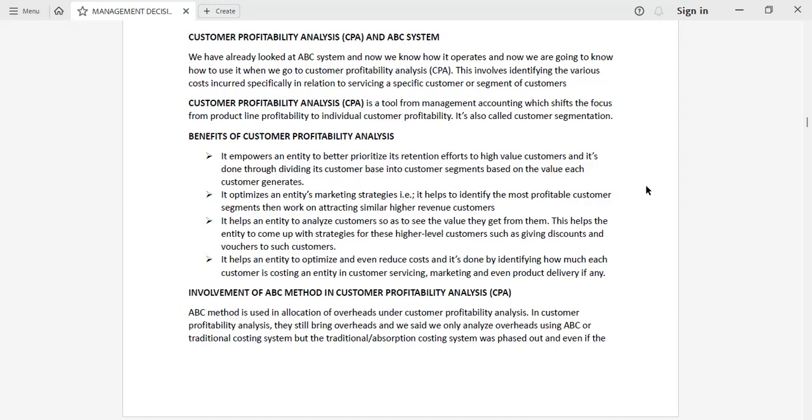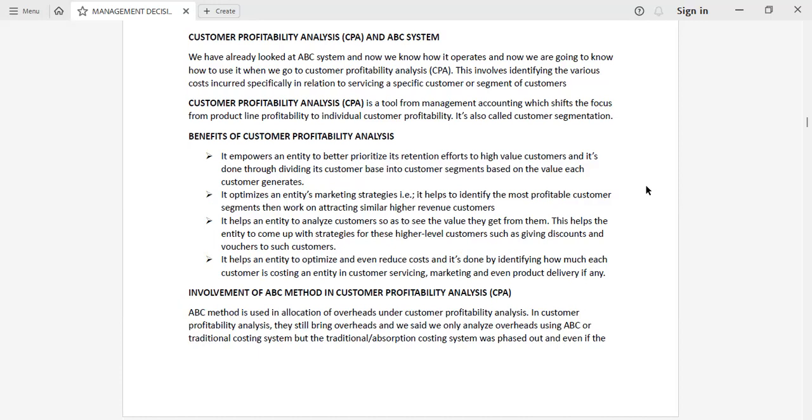So you are going to be attracting the same customers who are going to give you higher revenue. And that can only be done when we do a customer profitability analysis, and we see that a category of this kind is the one that is giving us more revenue as compared to the other.